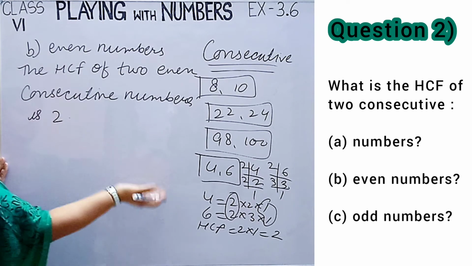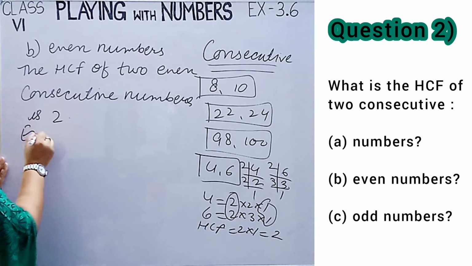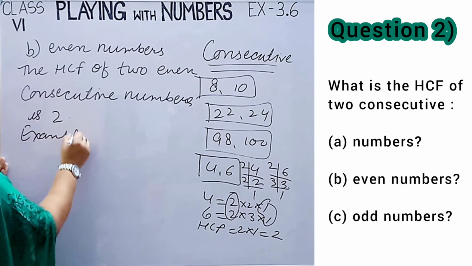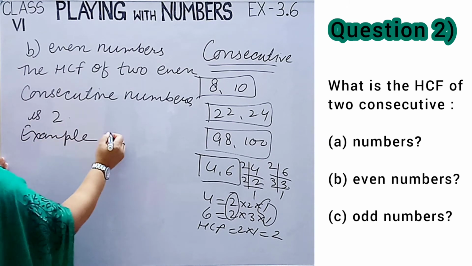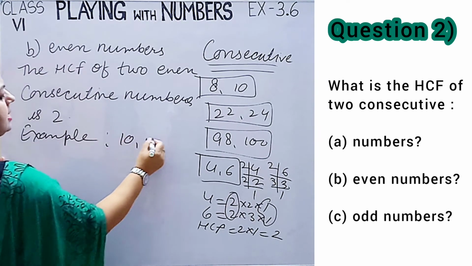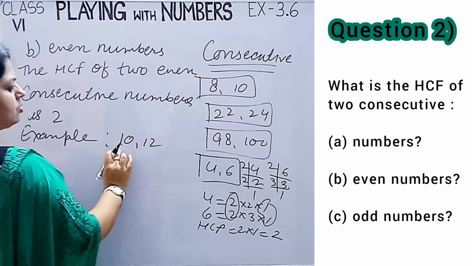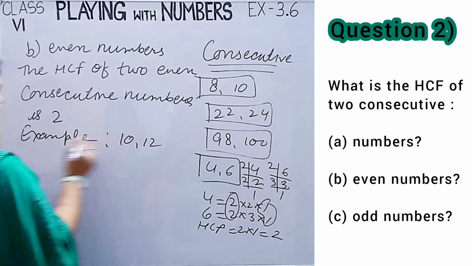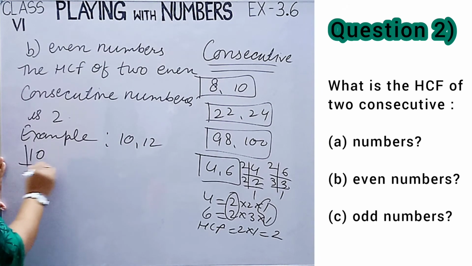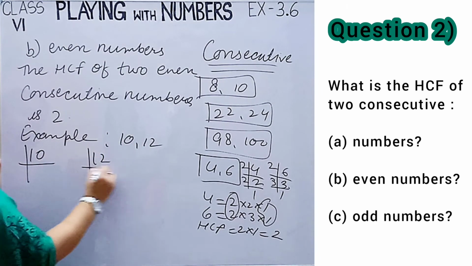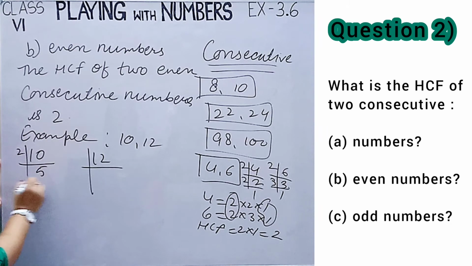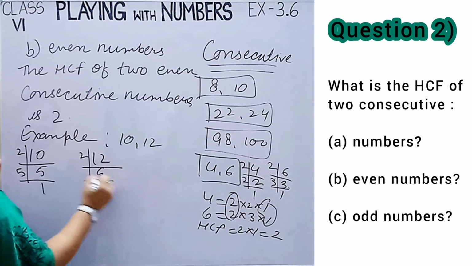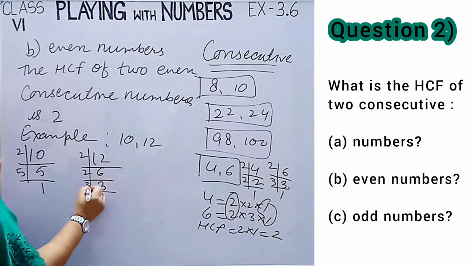We have already done one example. If I take another example, we will get the same answer. Suppose I am taking the example of 10 and 12, two consecutive even numbers. Prime factorization of 10 and 12: 2 5s are 10, 5 1s are 5, 2 6s are 12, 2 3s are 6, 3 1s are 3.